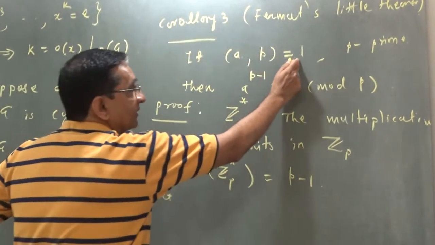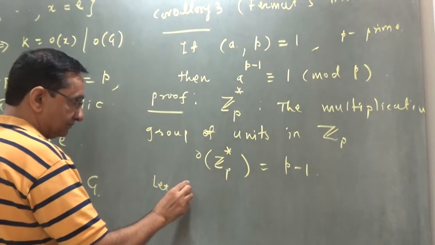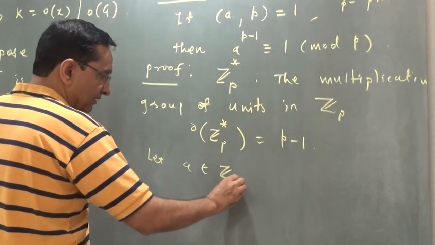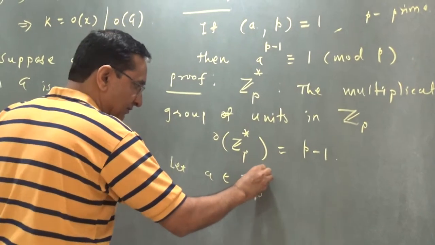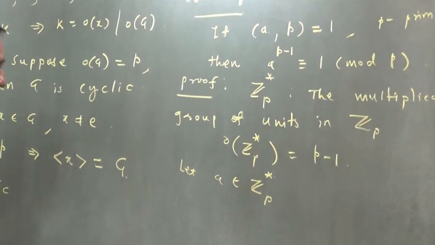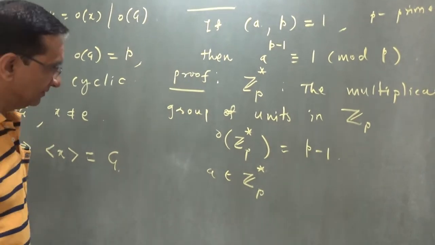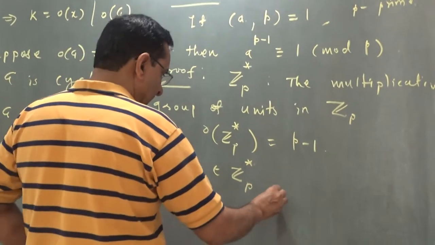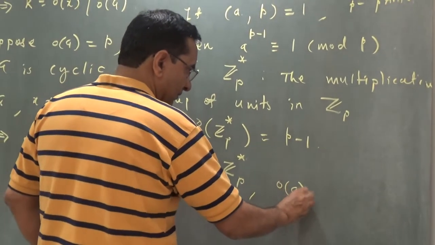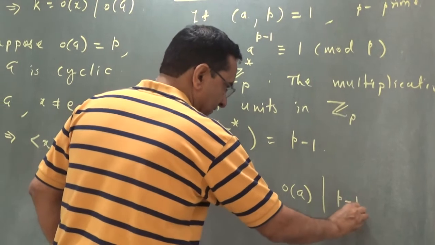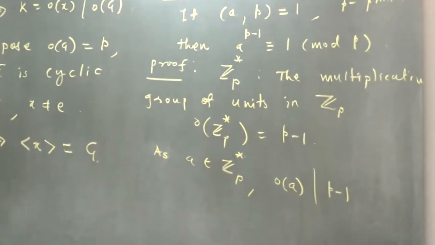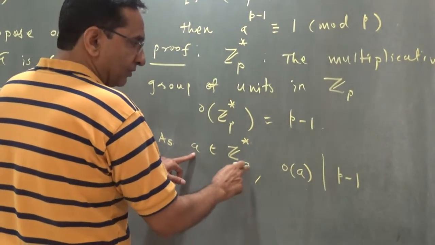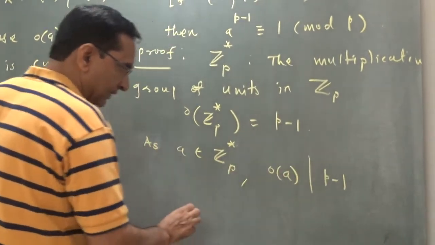The order of A must divide P minus 1, because the order of an element divides the order of the group, and the order of Zp star is P minus 1.